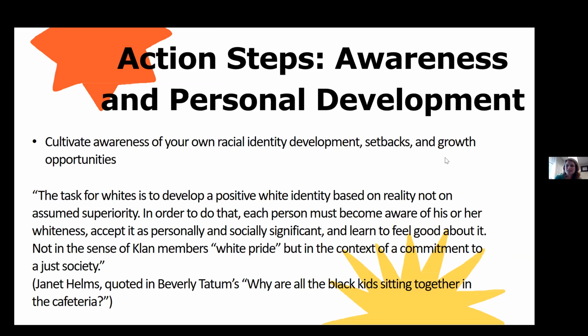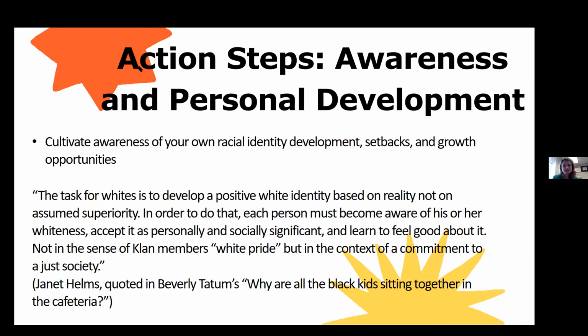And this is just a quote, if you haven't read Beverly Tatum's Why Are All the Black Kids Sitting Together, it's a great book, and she wrote an updated version of it. This is a quote from her specific to white identity, that really the task is you're looking for a positive identity that again is based in reality. There's scientific evidence, there's definitive evidence that this racism permeates our society.